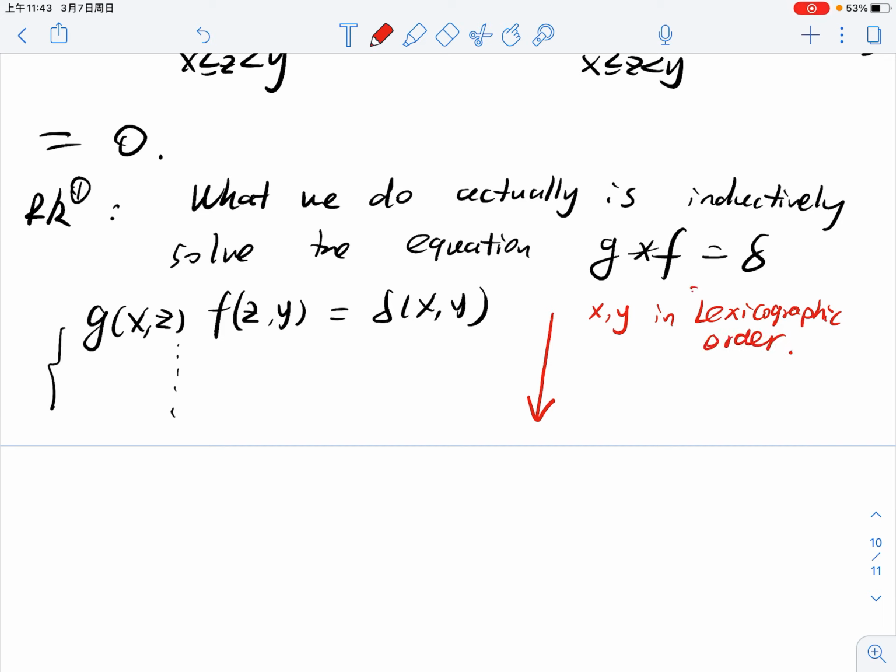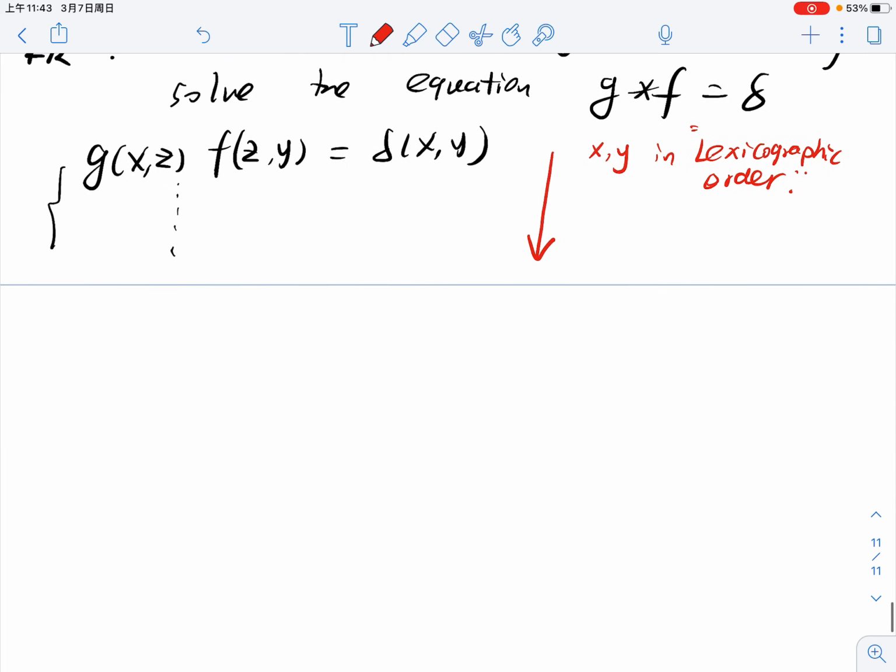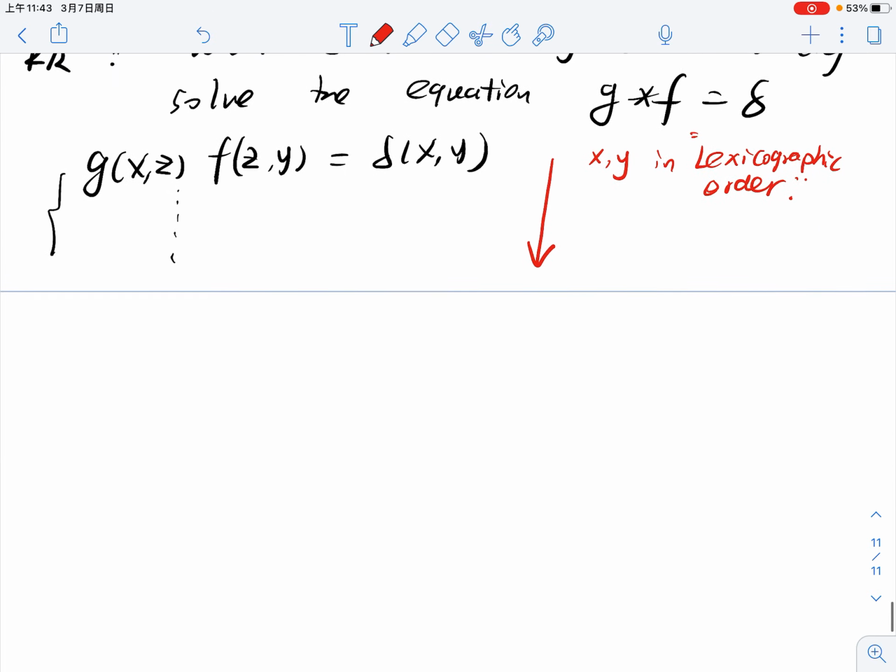It's not exactly in this order, but if you look back at the construction, you have this feeling. So you organize each single equation in this equation system in this way, and then we solve the first, plug into the second one, plug into the third one, all the way down, and solve all the equations. It turns out, under the condition that f(y,y) is nonzero, you can solve it.